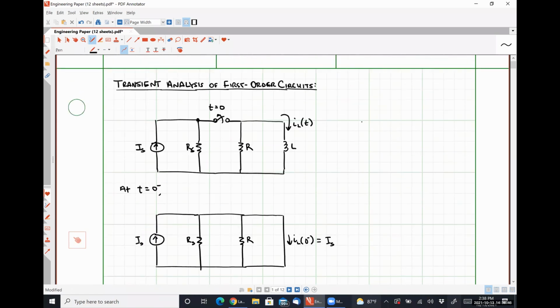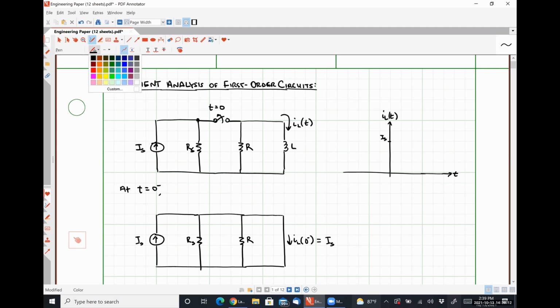Now, I'm going to come up here real quick, and I'm going to make a graph of our inductor current as a function of time. Here's IL of t, here's our time axis, and just for the sake of argument, let's say that this tick mark here represents that current IS.